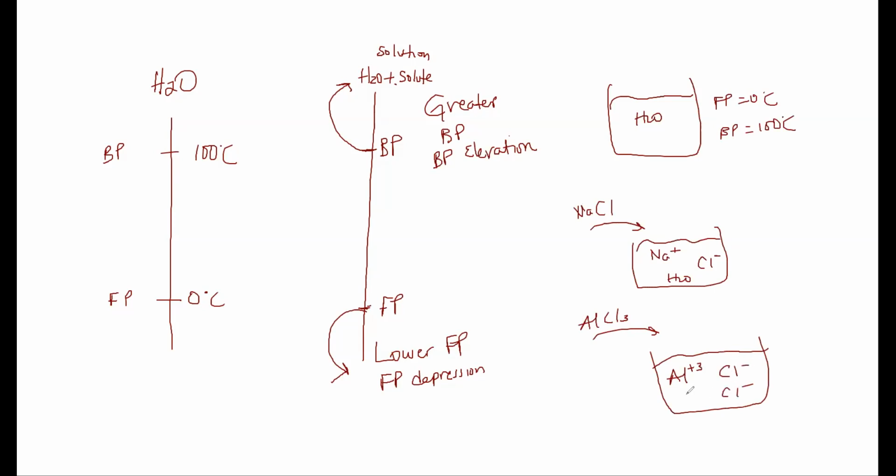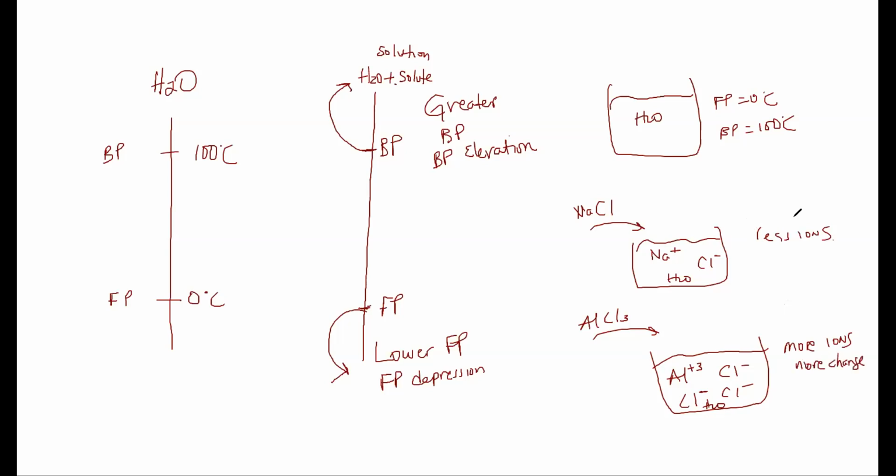1, 2, and 3. So we're going to see that NaCl plus water has fewer ions than AlCl3, which has more ions. What I want you to understand is, fewer ions, less change. More ions, more change.